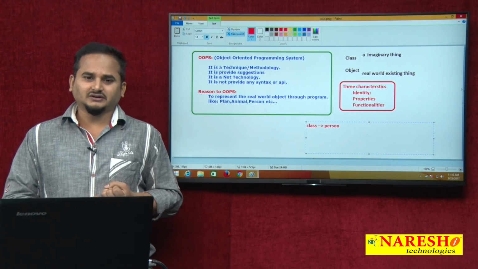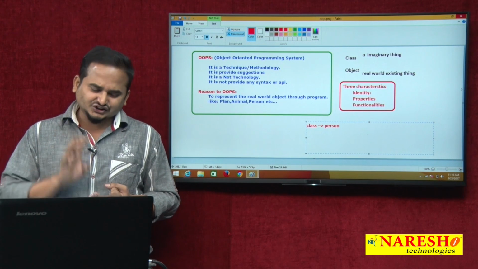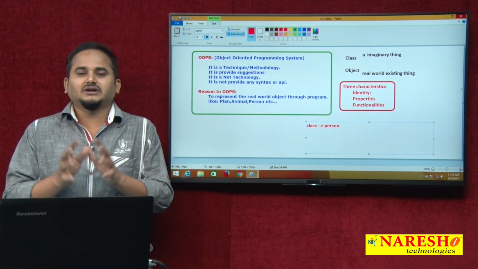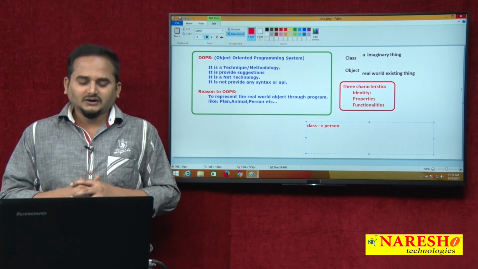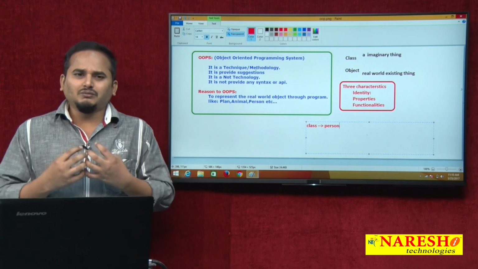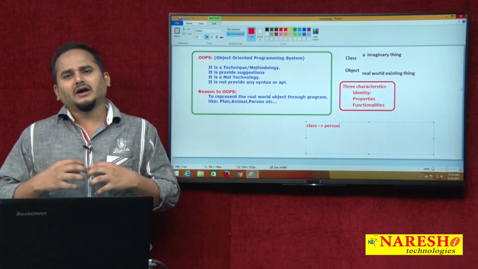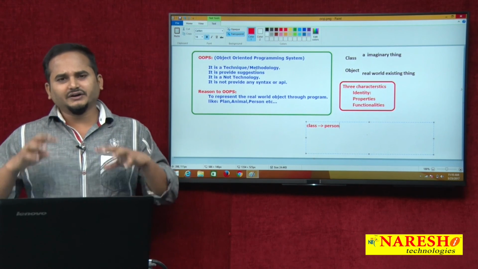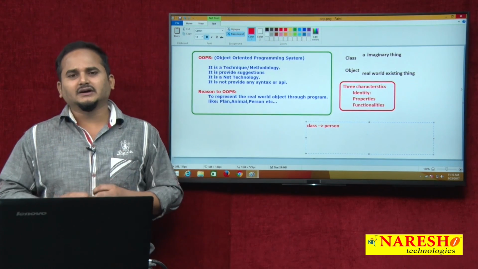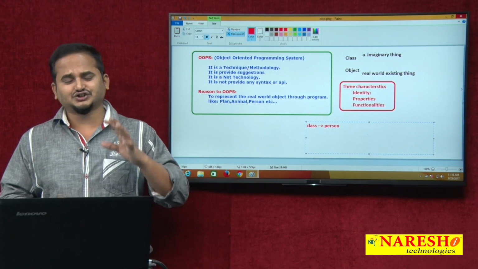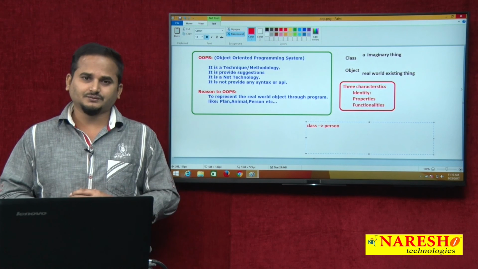Bank exists, account exists, customer exists. All these are objects. So if you want to model or represent any real world entity, definitely we require one technique, that is object oriented programming system principles and approach.